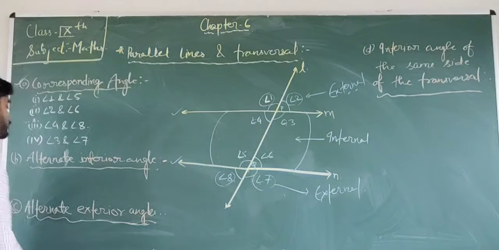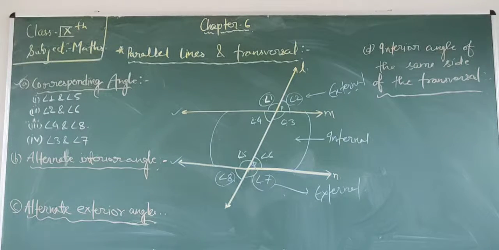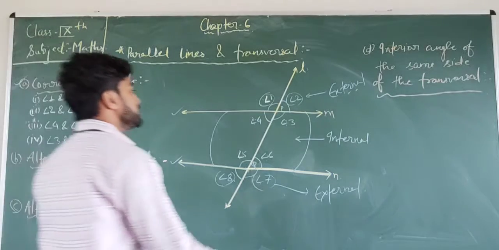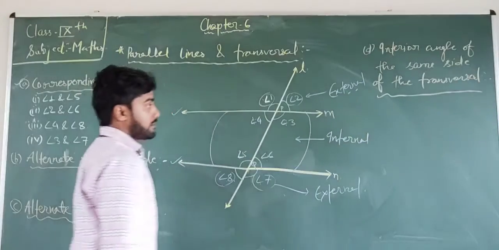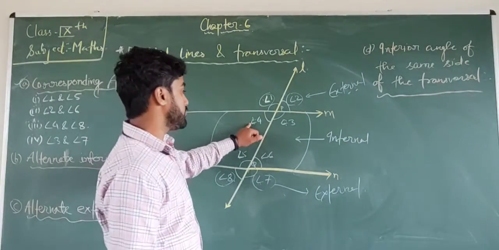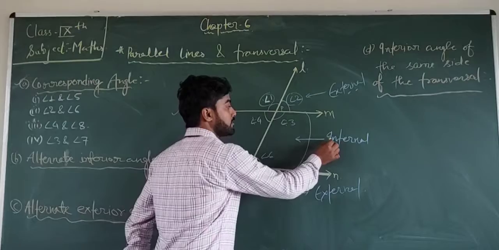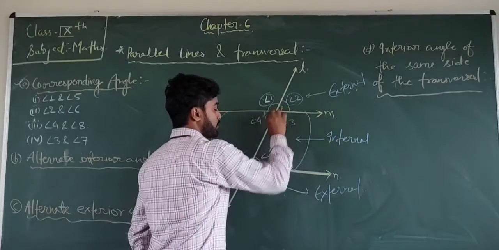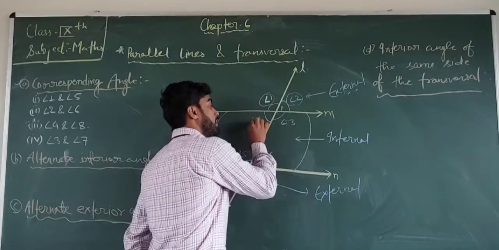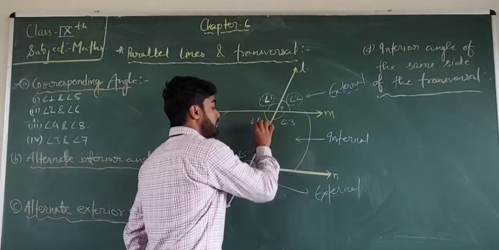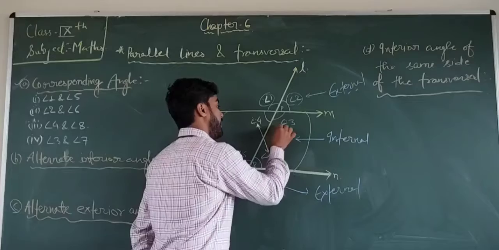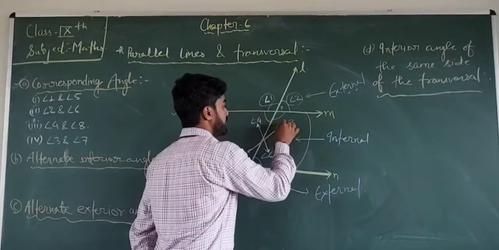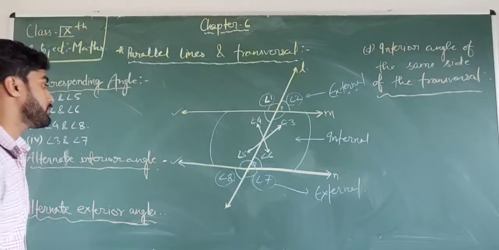Now alternate interior angles. Alternate means opposite. Interior means the internal part, from there to there. Angle 4 is internal and its alternate interior angle is angle 6, and angle 3's alternate interior angle is angle 5.